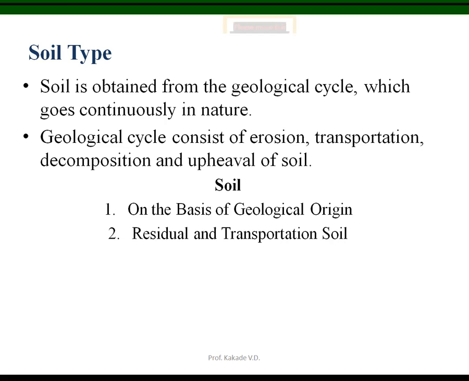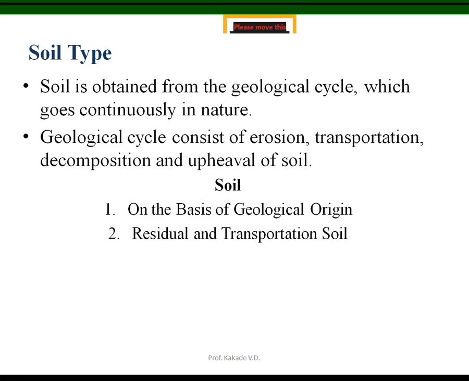It does not mean that when rock is exposed to weather, soil forms within a year. No, it is a process of millions of years. So whatever soil you are seeing is the product of a long-term reaction. We consider that rock is formed first, the originating material, and from that, due to weathering action, physical action, or chemical action, the soil forms.